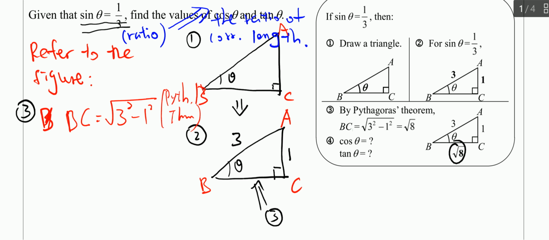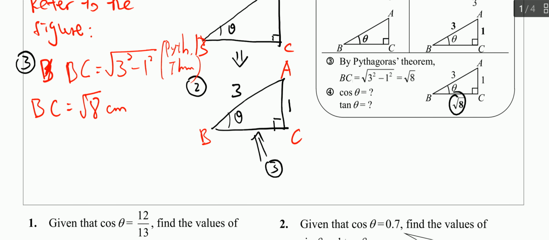So BC equals square root of 8, no unit. One mistake here: the value of that line should be square root of 8.